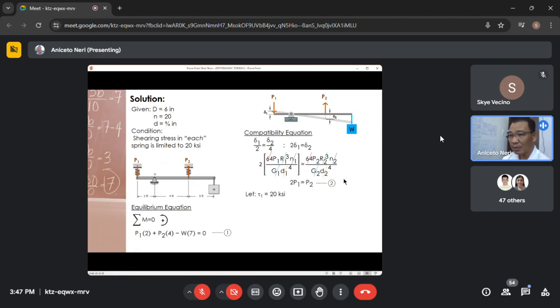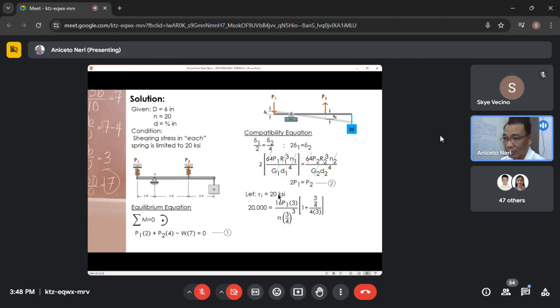Use that formula: 16 PR over pi d cubed. If no Wahl's formula is given, then it's ordinary. 16 PR over pi d cubed quantity 1 plus d over 4r. That's it. 16 PR over pi d cubed quantity 1 plus d over 4r.